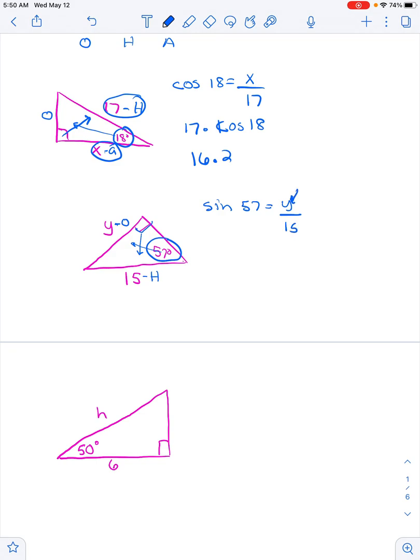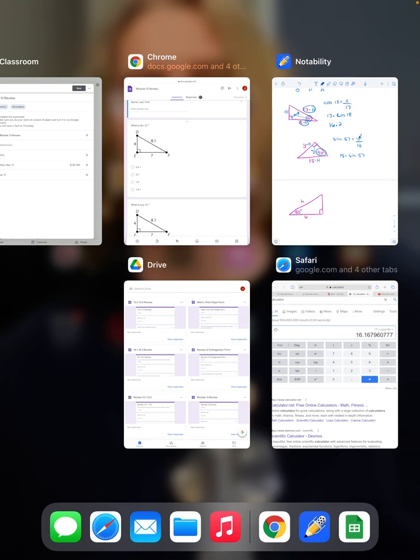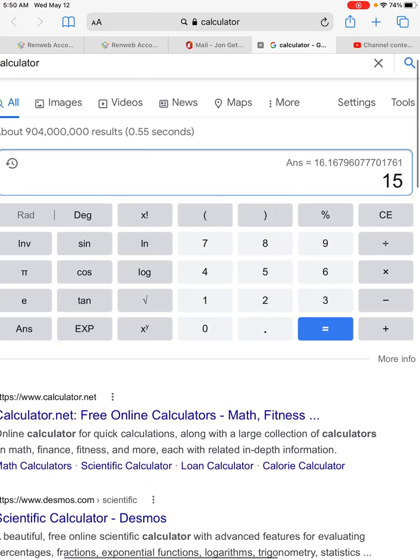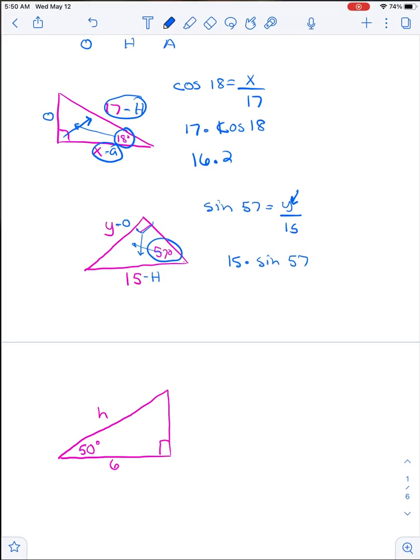Again, my variable is on top, so I multiply: 15 times sine 57. That's 12.6.